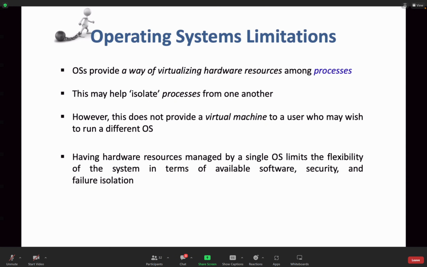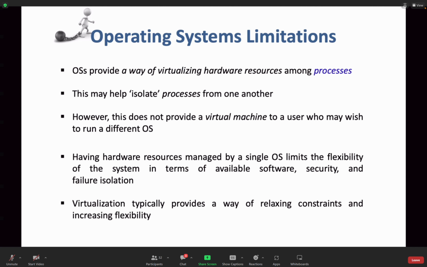Whenever software is written, it will be developed on top of an OS and made as an execution file, a binary file, and that will only work on top of a certain operating system. You cannot take a binary file made for one OS and run it on another OS. So an exe file on Windows won't work on a different system.